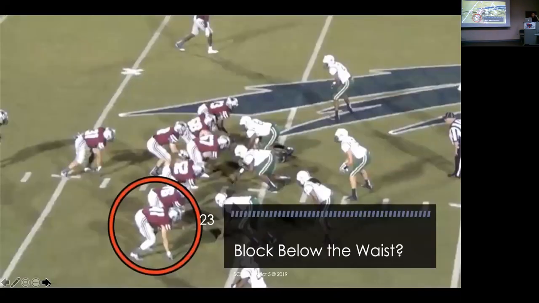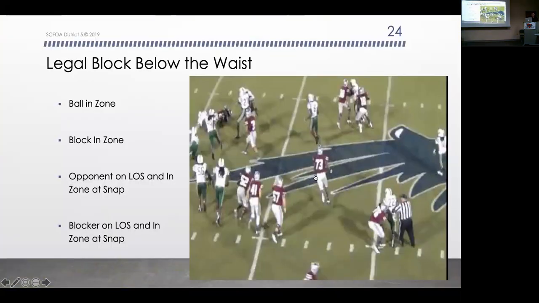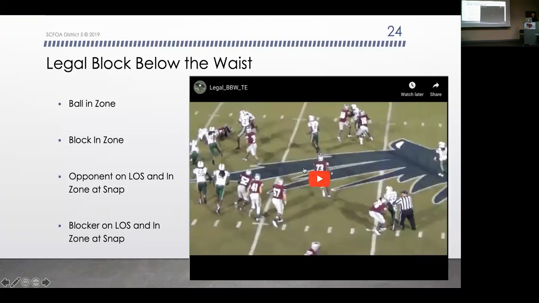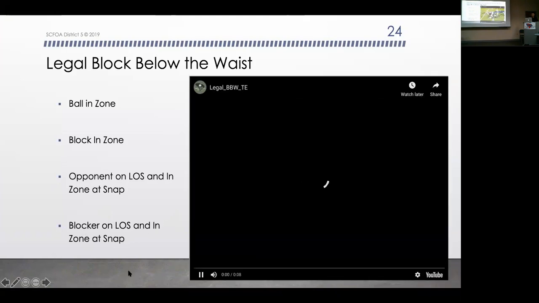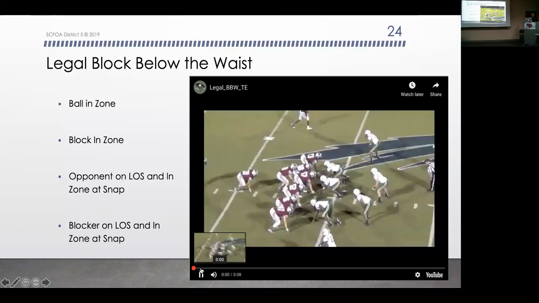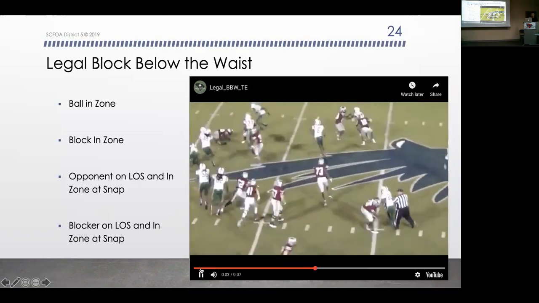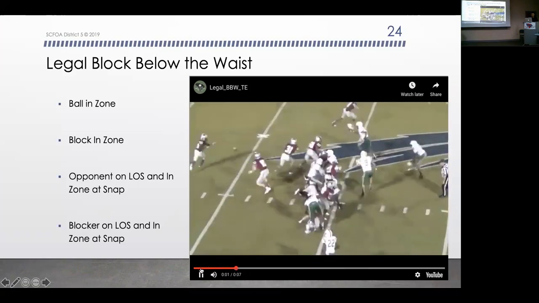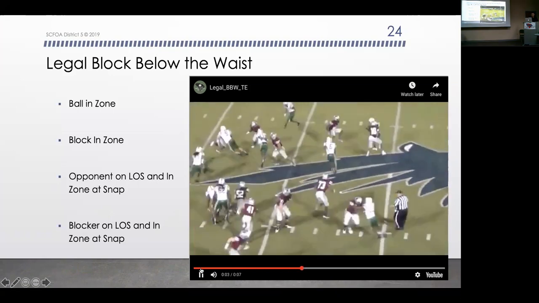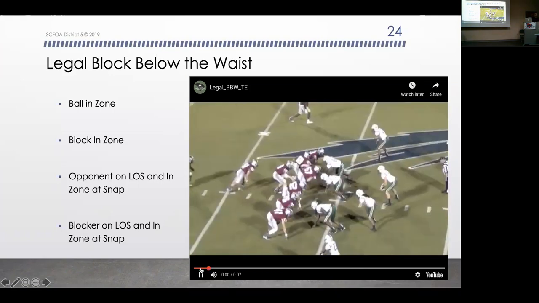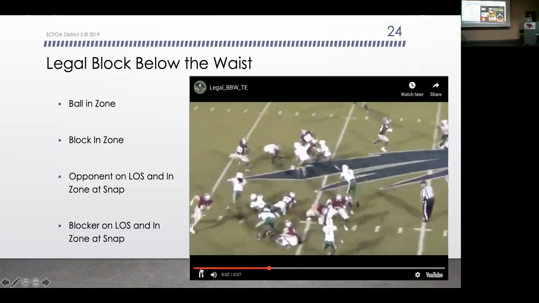Okay. Now watch this, the tight end down here. So when that block is initiated, the ball is still there.